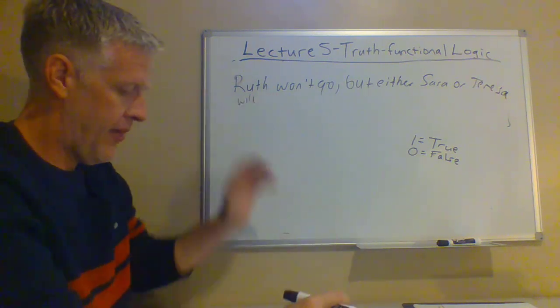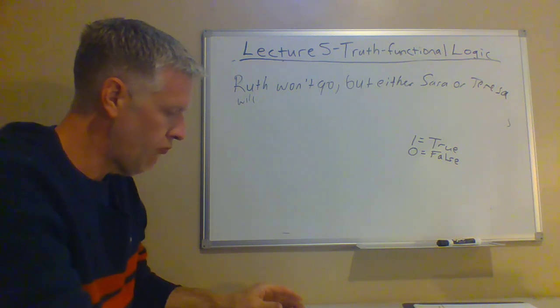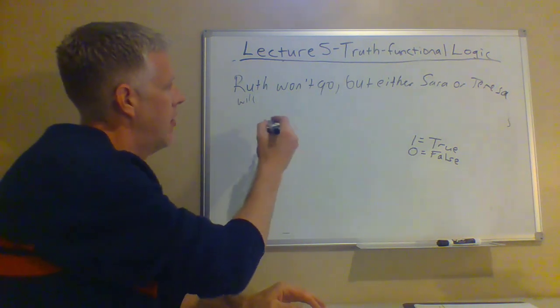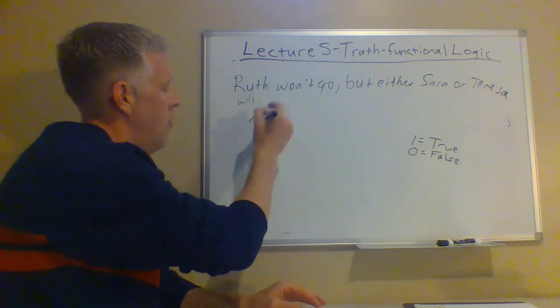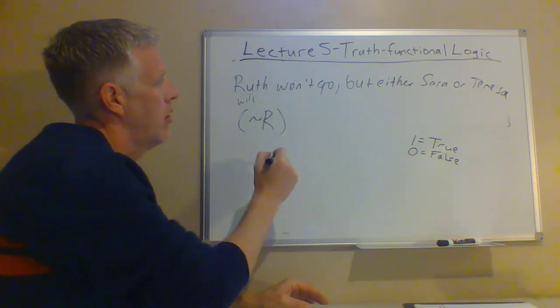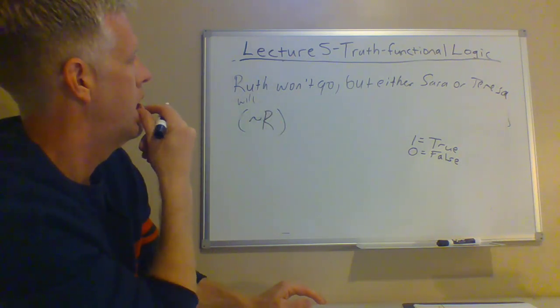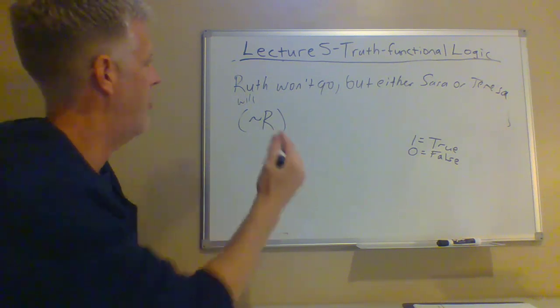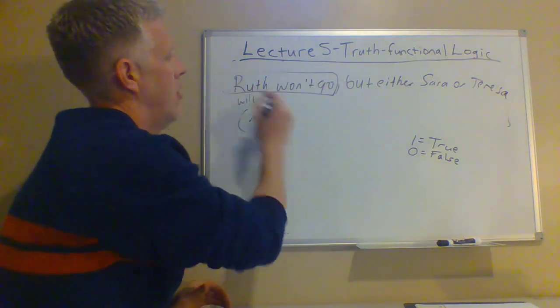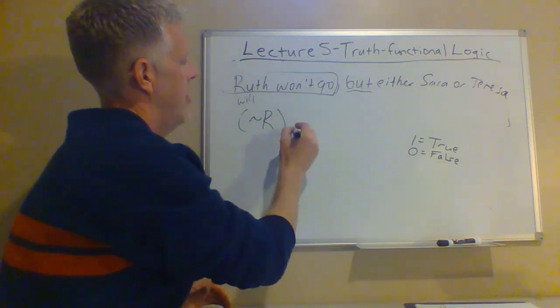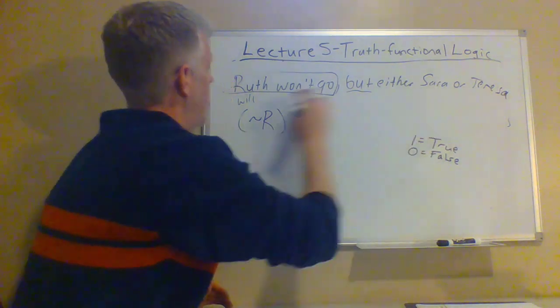Okay, so here's the example on slide 8. If we were to translate this, we have Ruth won't go. To me, overall, this seems like a conjunction. We have Ruth won't go, but, and then either Sarah or Teresa will.